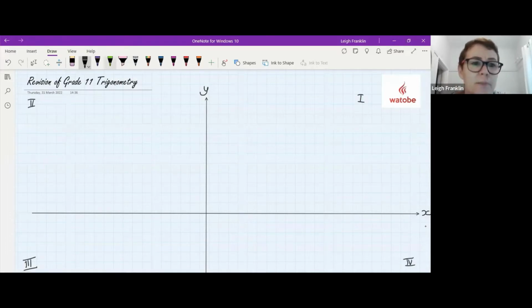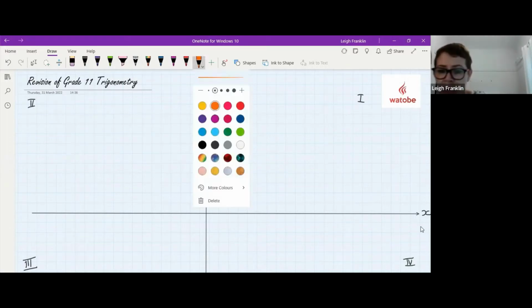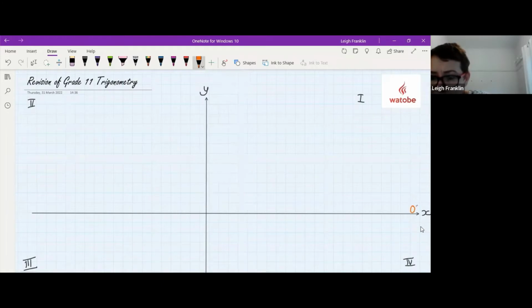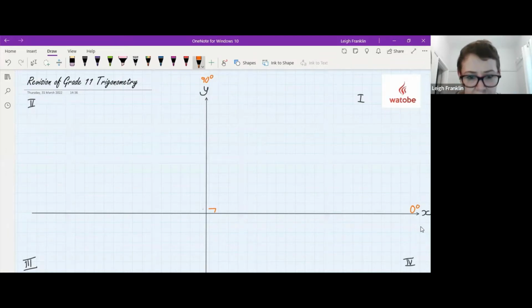The other thing that mathematicians decided at some point in the past is that we would use this over here as 0 degrees. And because this is a right angle, this up here ends up being 90 degrees. Then because this is a straight line, because we've added another 90 over here, this ends up being 180 degrees.